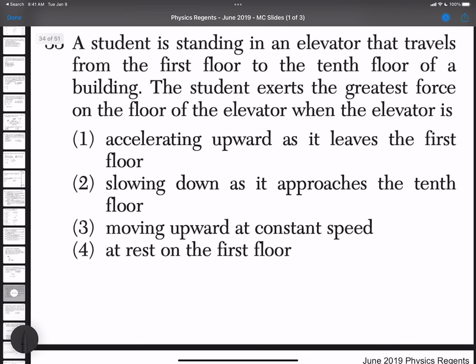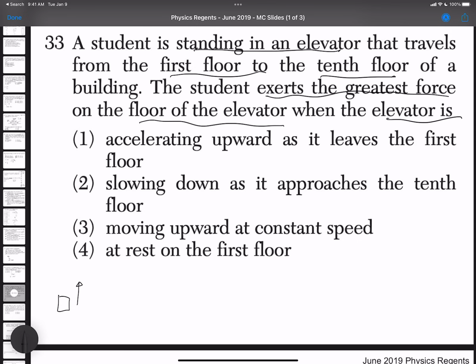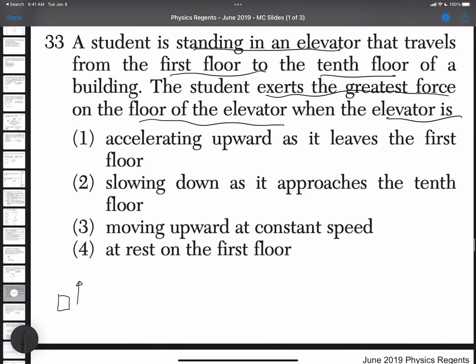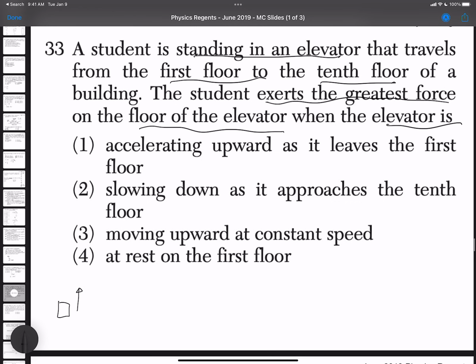All right, question 33. A student is standing in an elevator that travels from the first floor to the 10th floor. So we are in an elevator that is traveling upwards. The student exerts the greatest force on the floor of the elevator when the elevator is... So if the student is not accelerating, the force of the student pushing down on the elevator is equal to their mass times gravity.